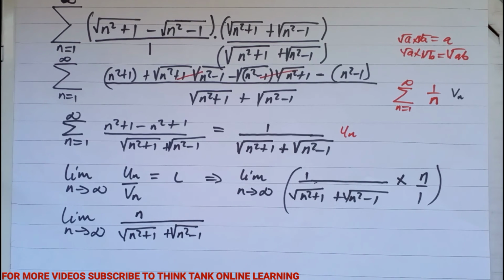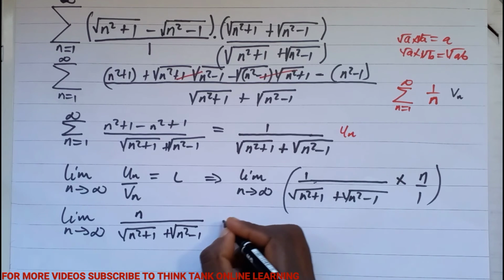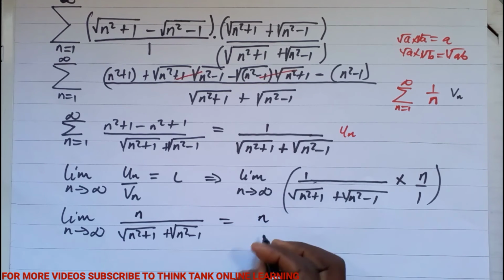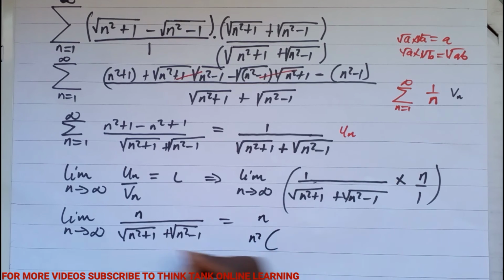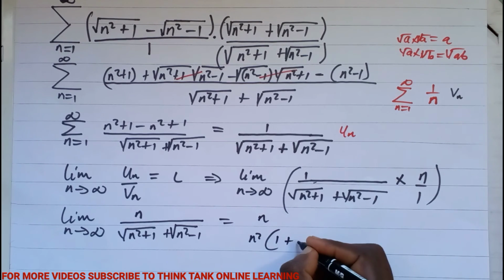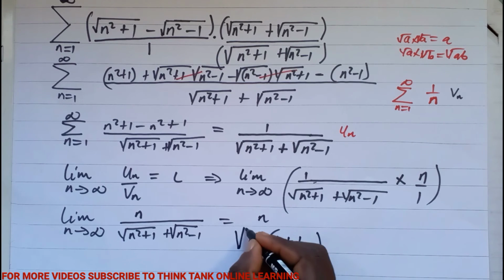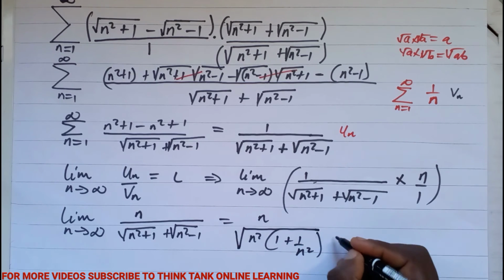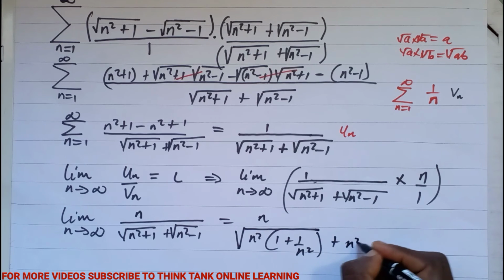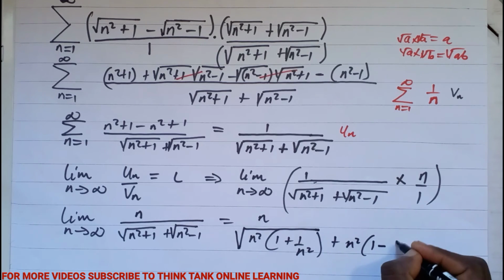Okay, it's time to factorize. I'm going to factor out n squared, so I'm going to get n squared times 1 plus 1 over n squared, but still inside the square root. Do the same here, n squared times 1 minus 1 over n squared.